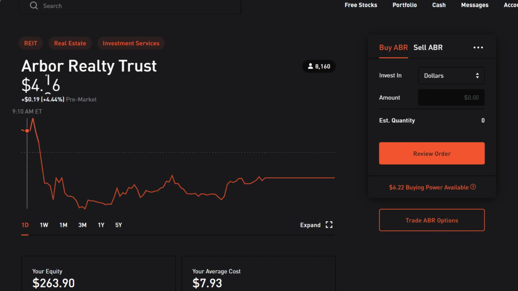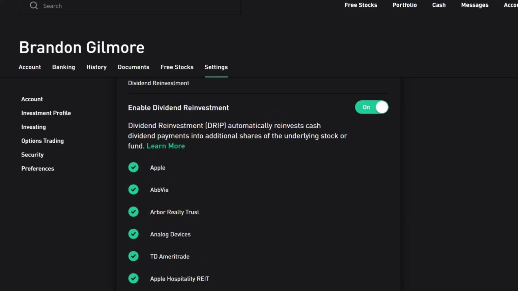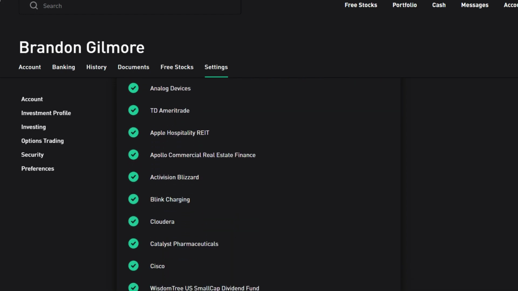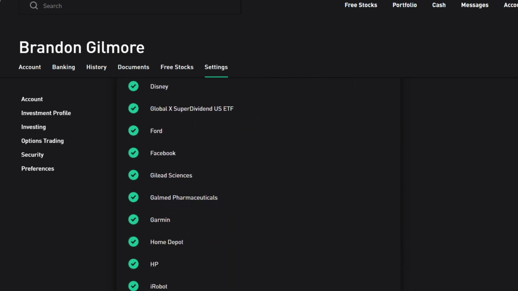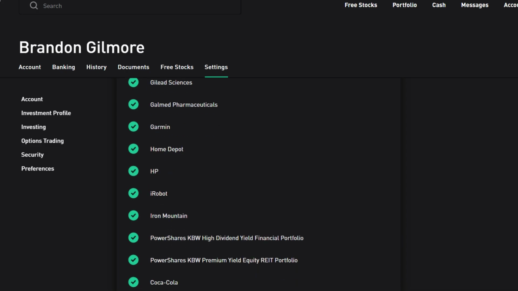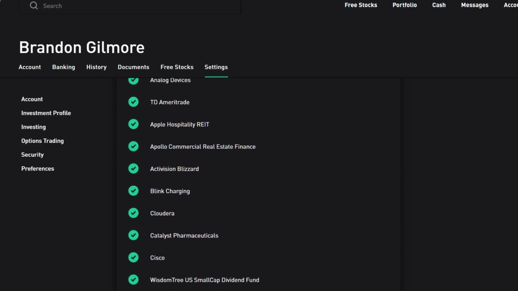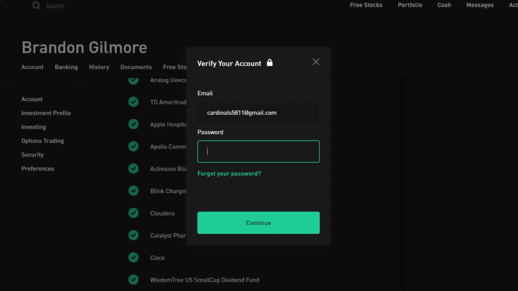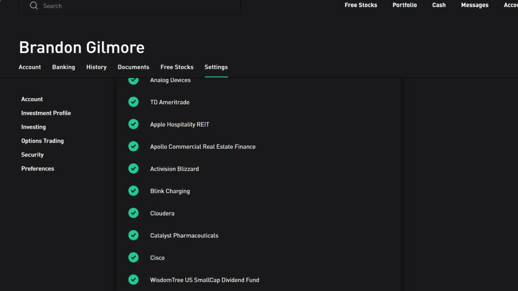What I really love about it too, if you look on here, with this dividend reinvestment program, once you have it on, it'll let you select what stocks you would like to use it on. So if there's a certain stock that you think is overvalued right now that you don't want to put that money towards, you want to put that money elsewhere, you can simply uncheck it, okay? If you uncheck it, then it's no longer going to reinvest that dividend into that stock, and instead it's going to go towards your cash balance.